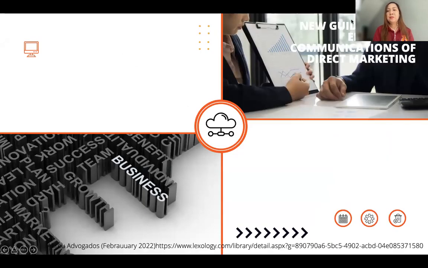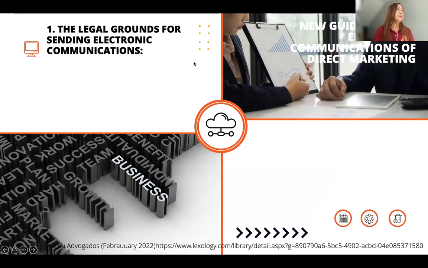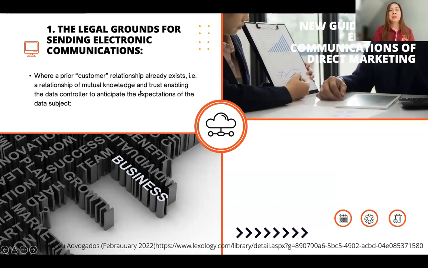Okay, and additional information again, regarding the new guidelines on electronic communications of direct marketing. We have at least 3 to discuss, which is the legal ground for sending electronic communications. So there is ground with that. Bear in mind, if you already gave your information to a certain company, for example your phone number, your address, and your email address, it only means you're interested and you have this relationship with that customer.